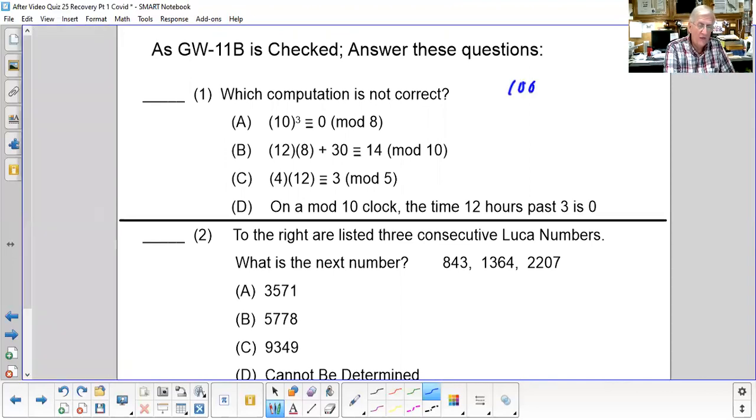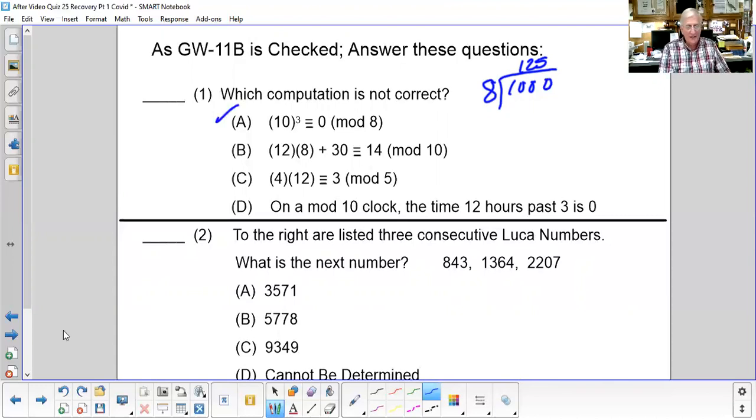If I take 1,000 divided by 8 on my calculator, I obtain exactly 125. What does that tell me? 125 times 8 is 1,000. So, is it 0 mod 8? Yes, it is. So A is okay. I'll put a check mark next to that.